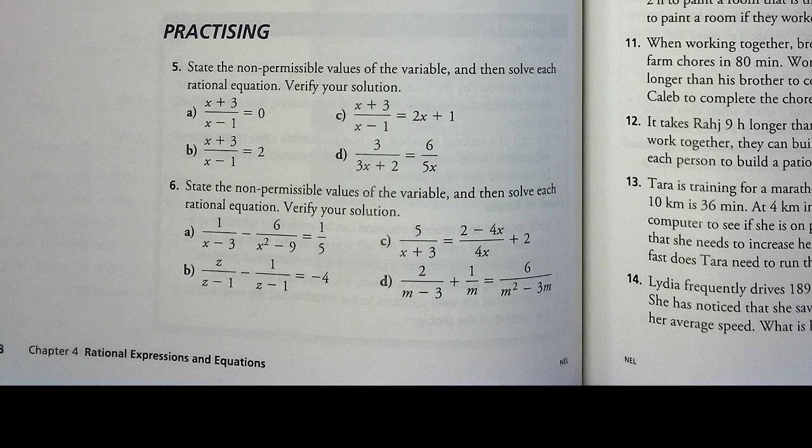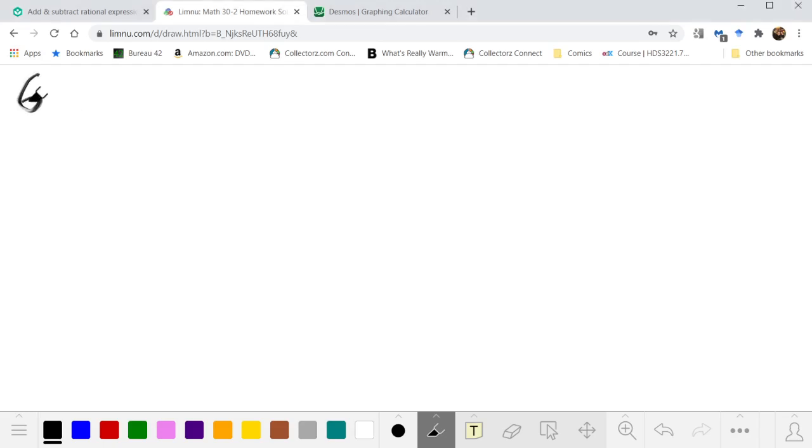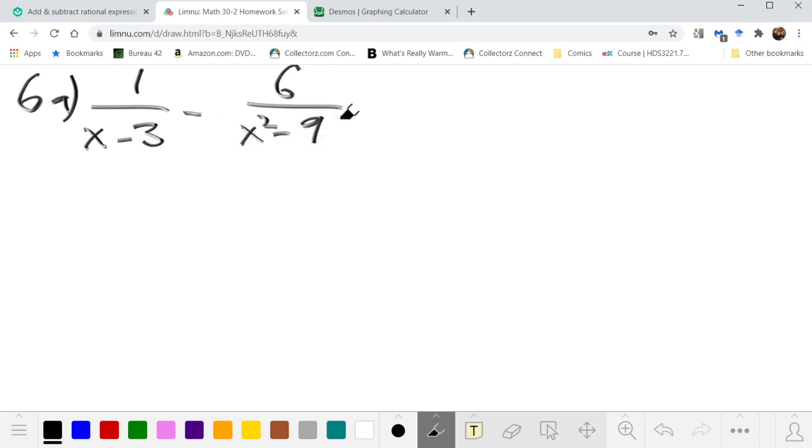So we will start with 6a. That is 1 over x minus 3 minus 6 over x squared minus 9 equals 1 over 5.